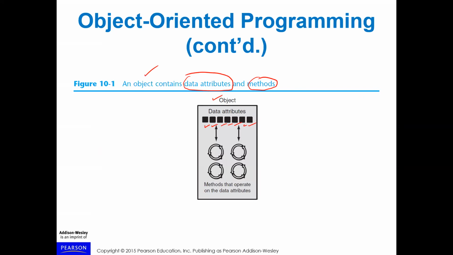And in fact, usually you'll have things like dictionaries and lists. And then you have the methods that operate on the data attributes. And these are just going to be functions, so this is going to be several lines of code in a function. Okay, so that's an important idea there.